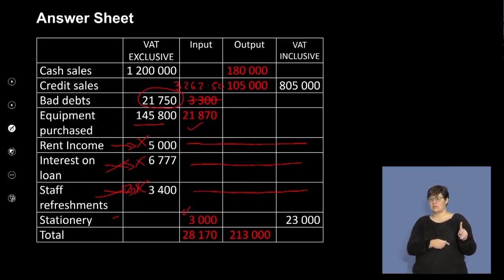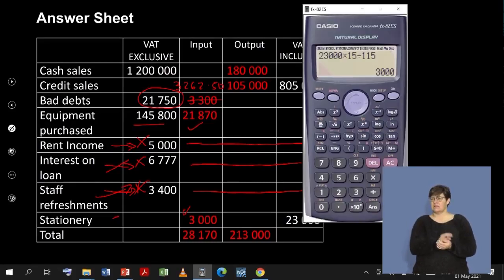Starting off from the 3, let's add our figures again. It's the 3,262.50 plus 21,870, right? Have I got that figure? Plus the 3,000 will give me a total figure of 28,132.50.